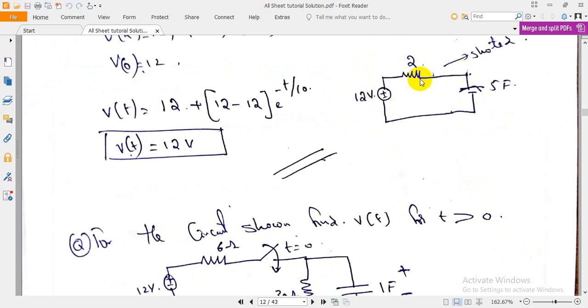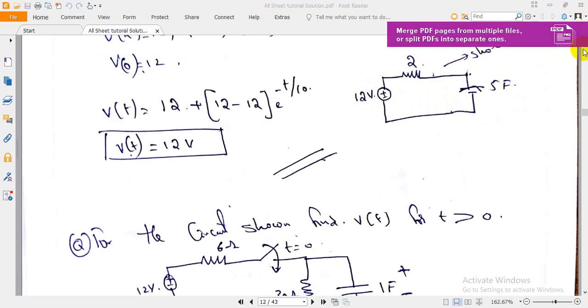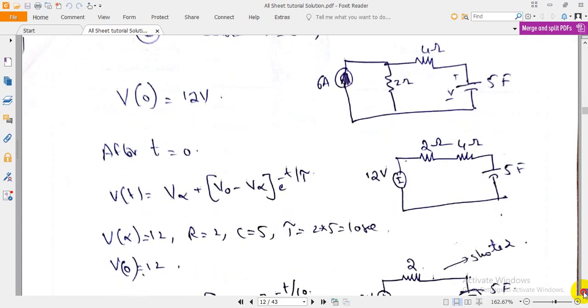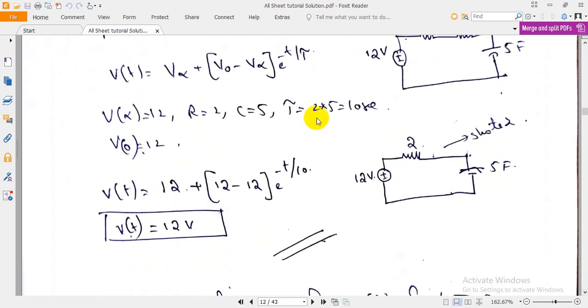Again, the 6 ampere current source will be converted into a voltage source, 6 times 2 is 12, as it is. Now you can find the voltage across the capacitance after t equal to 0. And what is tau, RC? 2 into 5 equals 10 seconds.